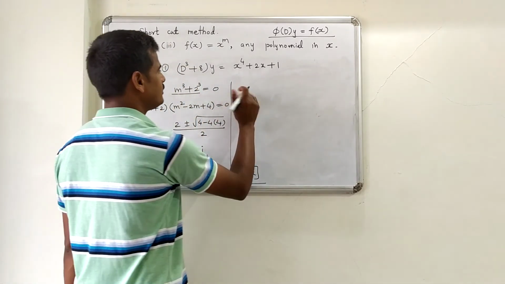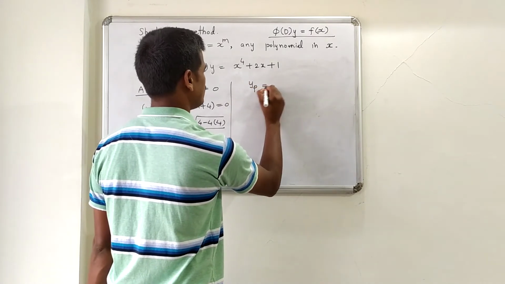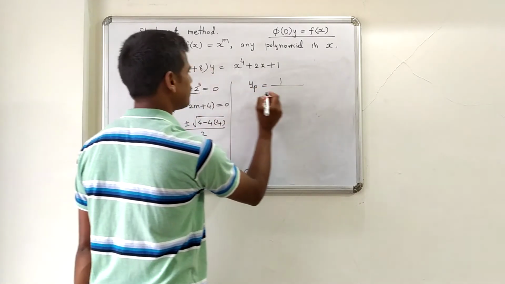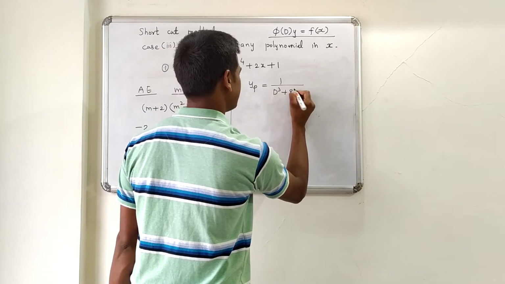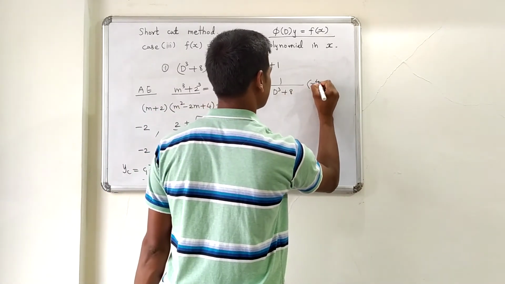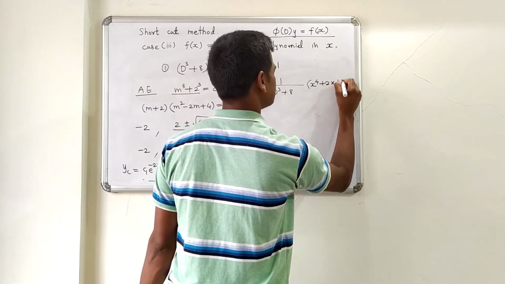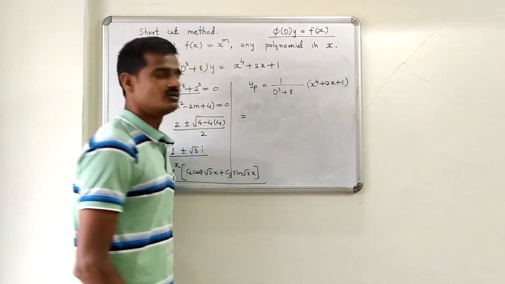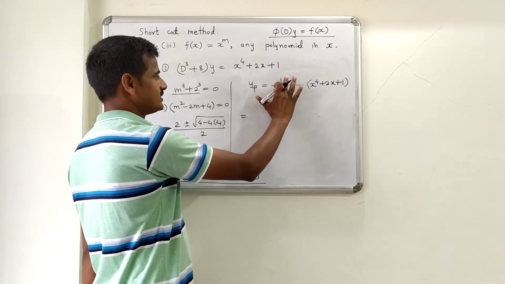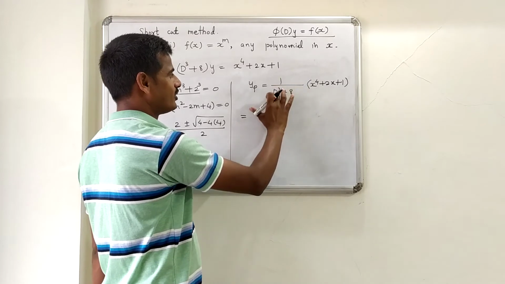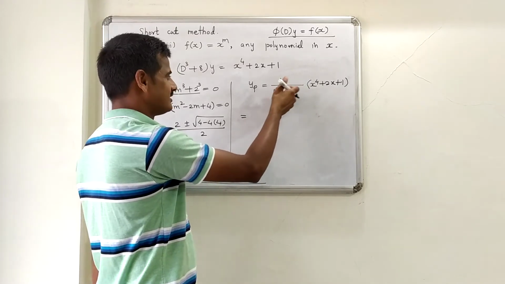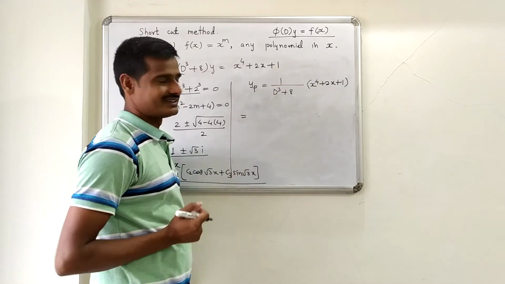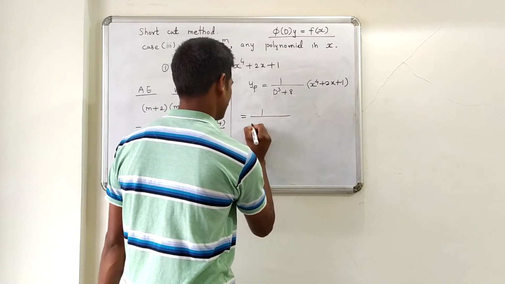Now proceed towards the particular integral. So the particular integral is equal to 1 upon D cube plus 8 operated on x raised to 4 plus 2x plus 1. Now as per our procedure, you express this in the form of 1 upon 1 plus x, or 1 upon 1 minus x. So take the constant term common.